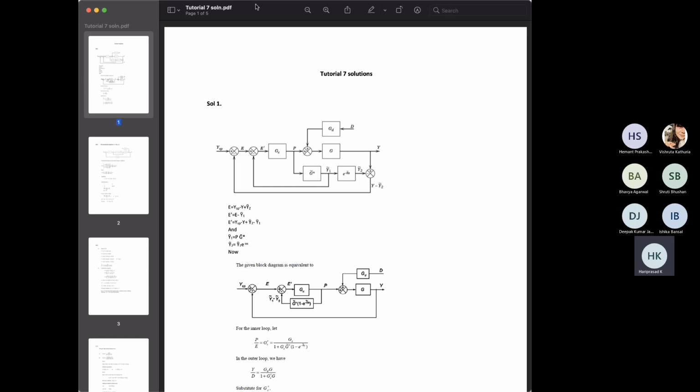This Y1 tilde is operated upon by e raised to minus theta s and becomes Y2 tilde, correct? Yes, sir. And this Y2 tilde becomes negative, and it is negative all the way until it reaches here, so this whole thing becomes negative. Agree?